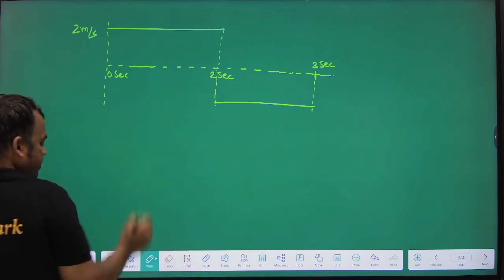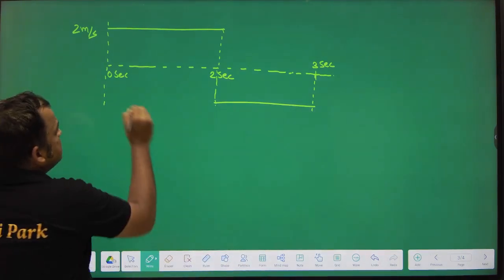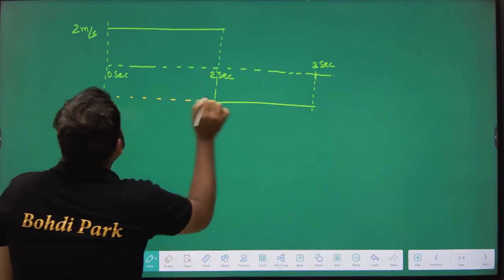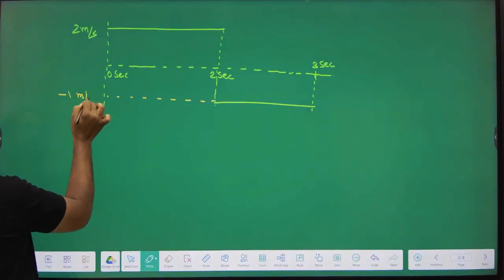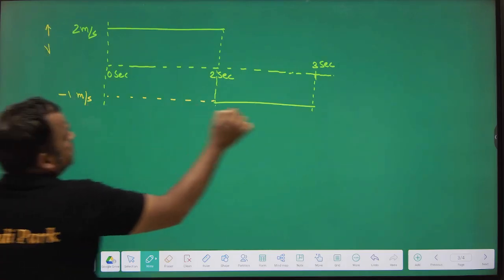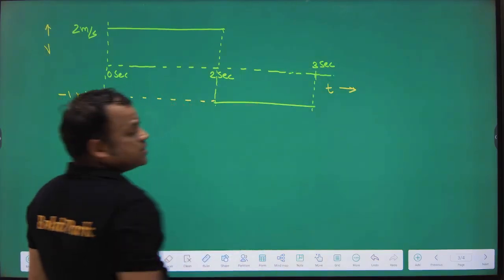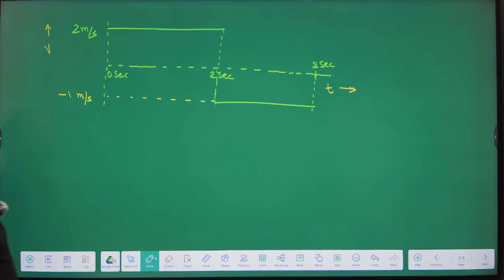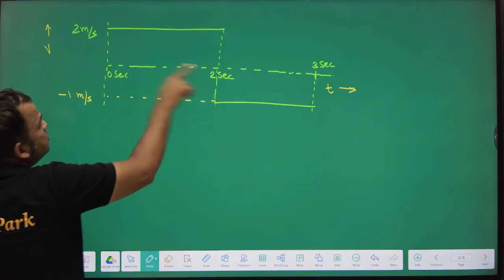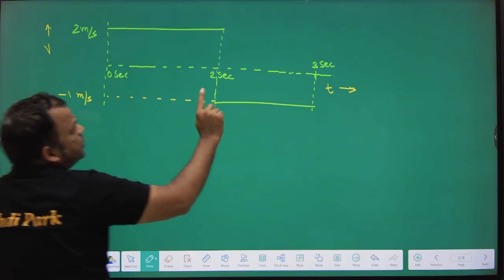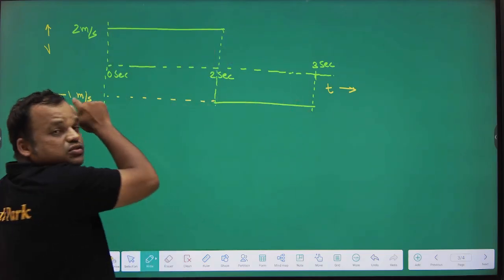And that negative velocity is -1. So this is the VT graph given to us. If you observe, 0 to 2 velocity is +2, 2 to 3 velocity is -1.